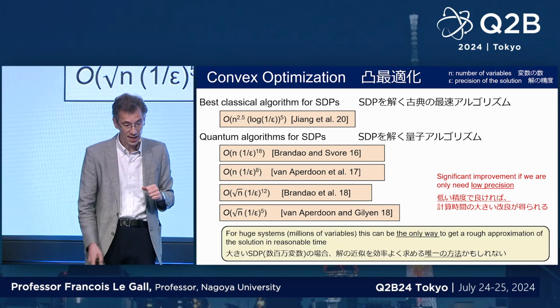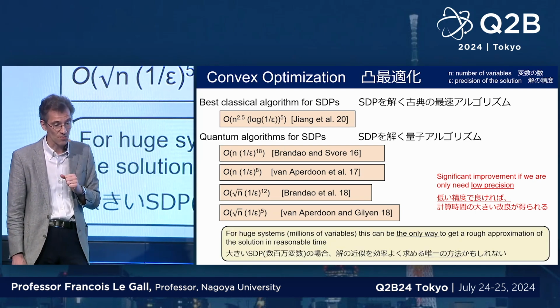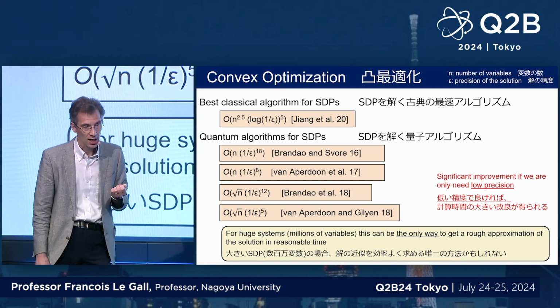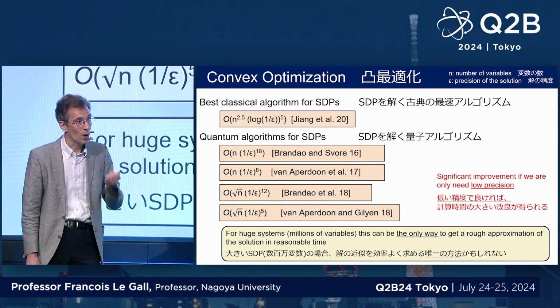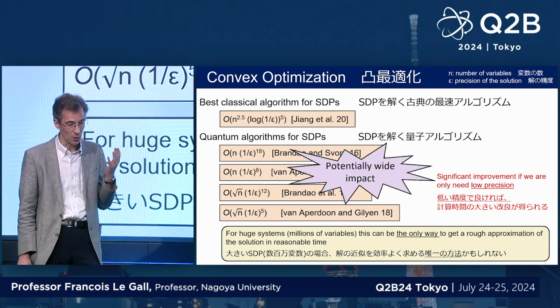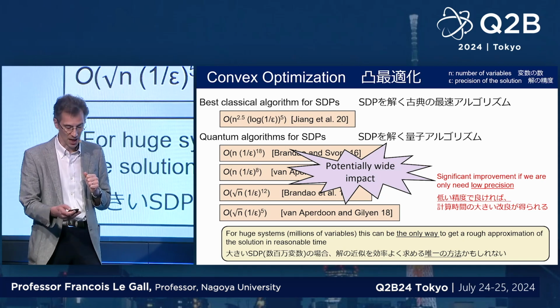So I really think this quantum algorithm for SDP may be the only way to get an approximation of SDPs when the number of variables is very, very large. So it's really, in my opinion, a field with a potentially very wide impact.